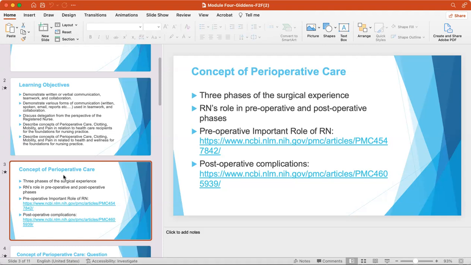So we will have them on blood thinners during post-op, which is why sequential compression devices are important. Low dose heparin injections, such as Lovenox, are important as well, to help prevent a clot during post-op.